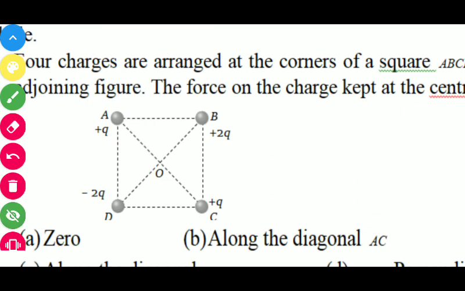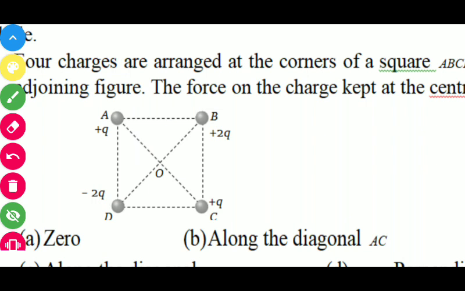When we are placing a plus charge at the center, the plus Q at point A will repel it towards the point C. In the same way, plus Q at C will repel the plus charge towards A. Since these two forces are equal and opposite, the forces will cancel each other.